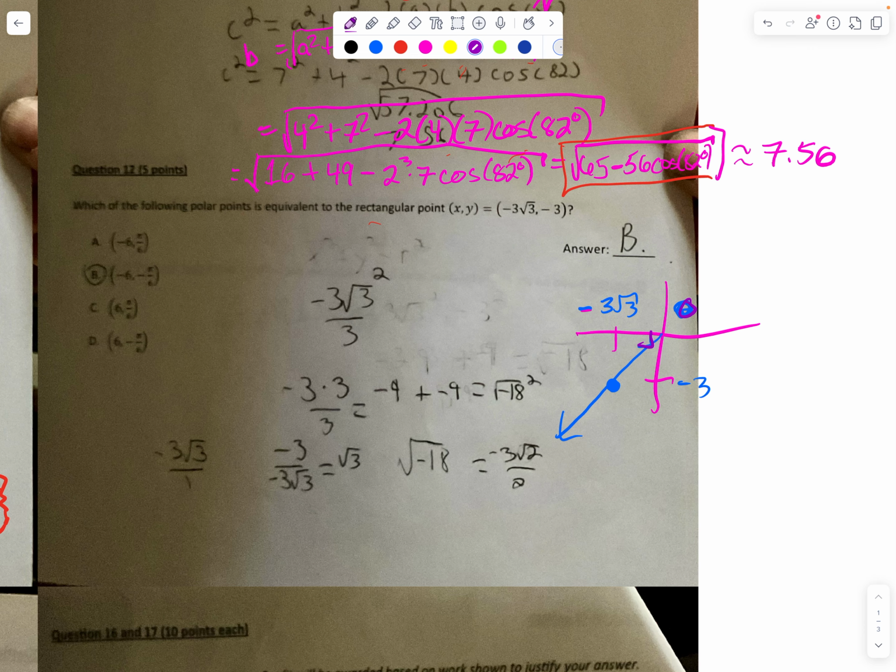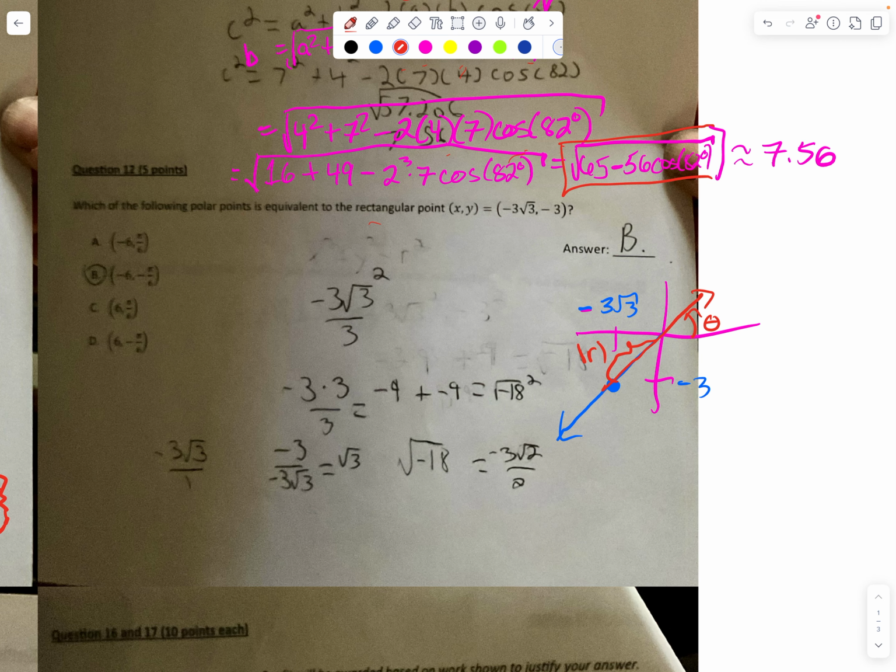I knew they'd do something silly like that. You would never do this in real life. Okay, so in which case they want you to point in this direction but have a negative radius. So I'm going to do the absolute value of R, which is silly.